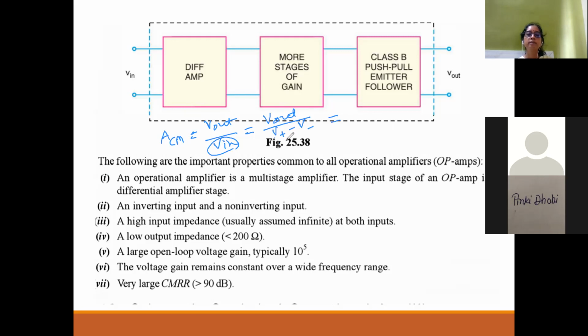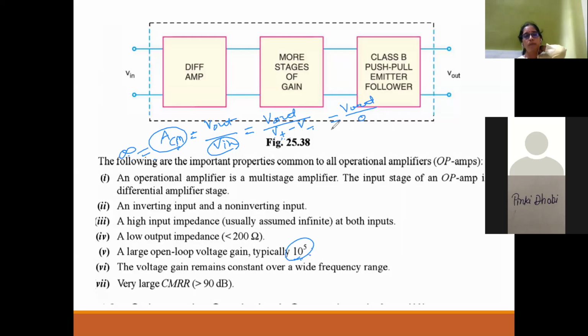So suppose in common mode, the values of V plus and V minus are same, right? So the denominator will be 0 because values are same. So their difference is 0. So anything divided by 0 will be infinite. So common mode gain is infinite. So you can say practically 10 raised to power 5 value is there. It is a very large value. But ideally we can call it infinite, right?